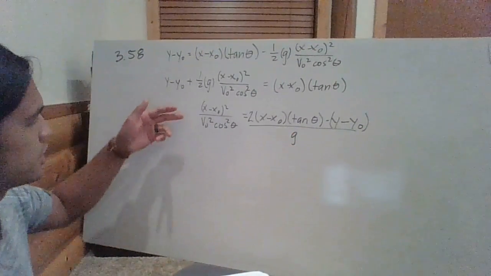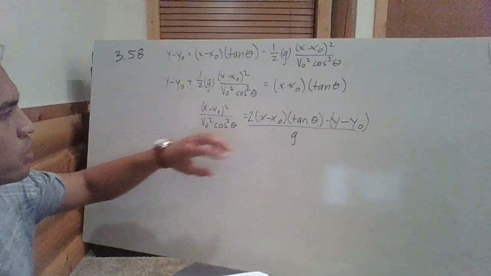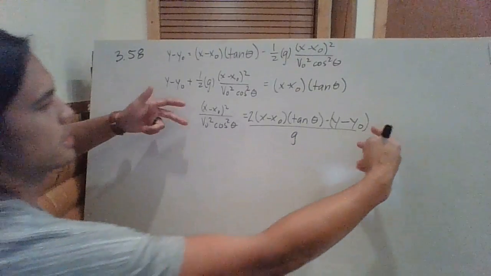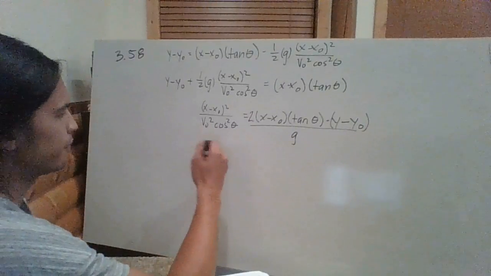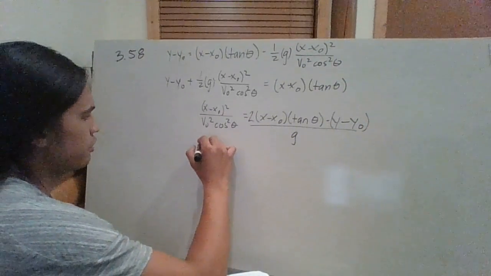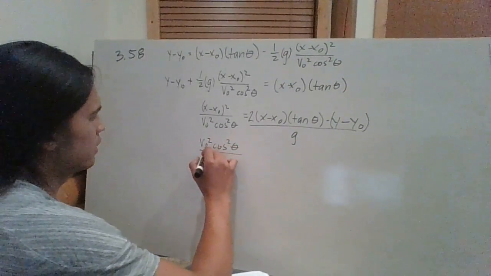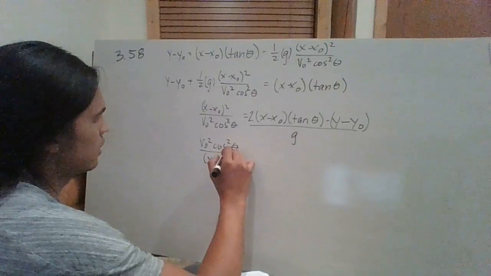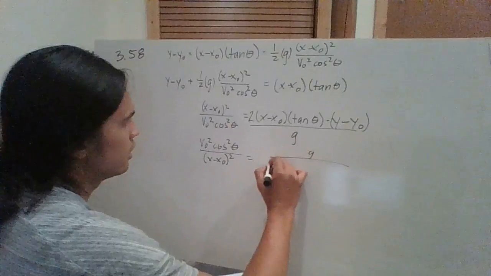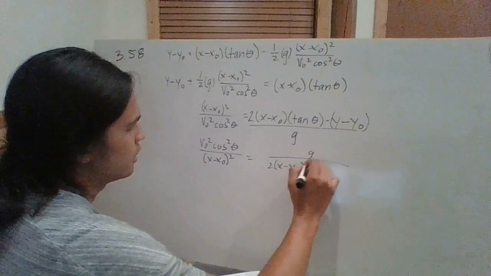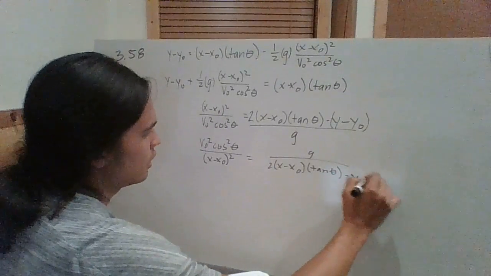And now since these are both on a side of equals, I can just flip both sides at the same time so that we can have this in the numerator instead of the denominator. So we're going to flip that, and this becomes g over 2 times x minus x naught tangent theta minus y naught.